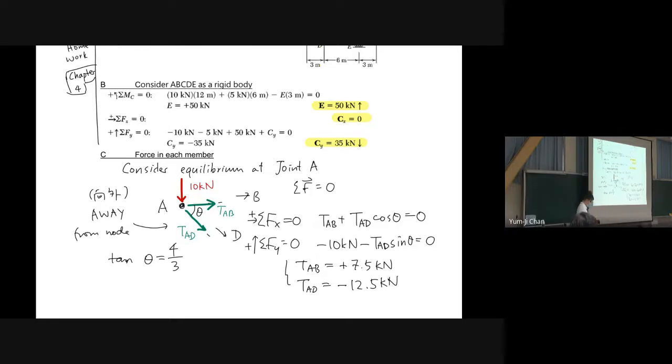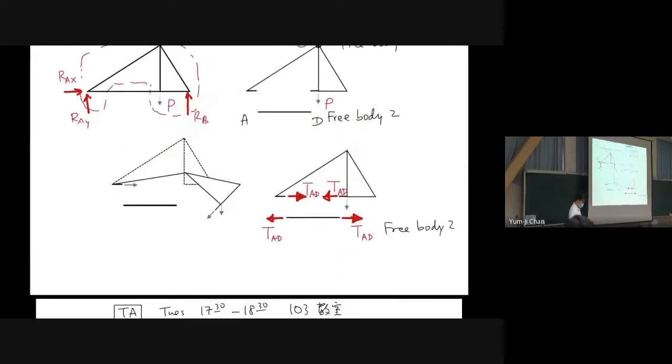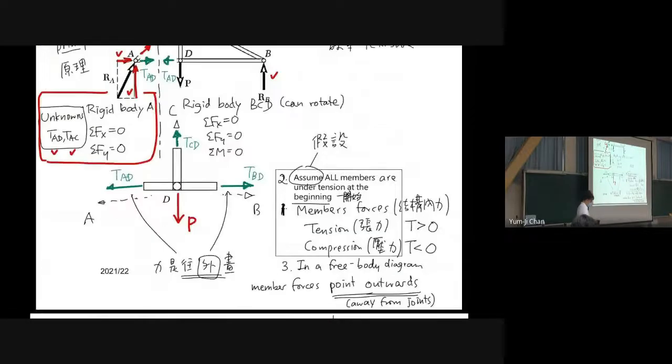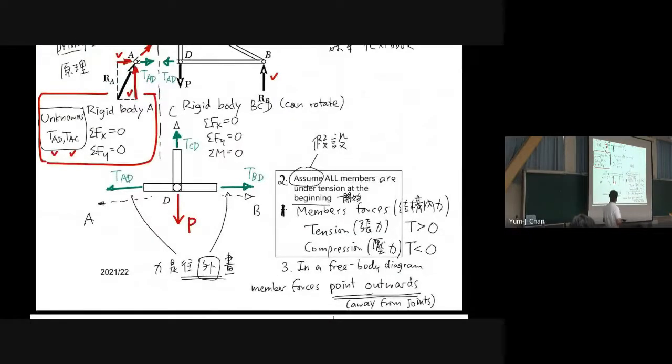For all these TAD and TBD and so on, if the force we get is positive, it means the member is in tension, so the force is pulling the member. But if T is smaller than 0, it means we have compression.